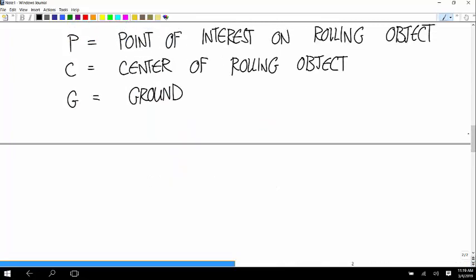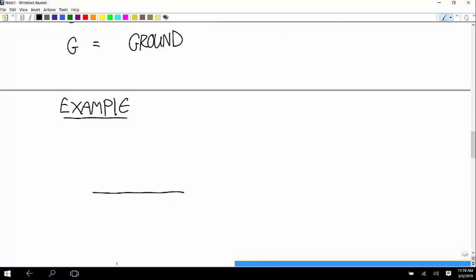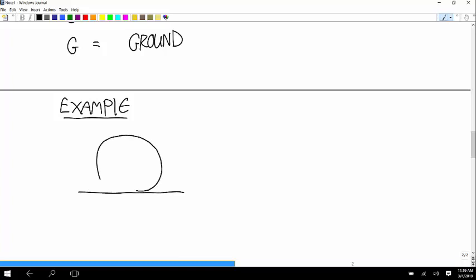Okay, so let's just imagine a wheel rolling along. It's supposed to be roundish. So let's say it's rolling this way. So it's going to be moving this way. And let's say that the angular velocity is, well, let's do it first with numbers and then we can see it in general later.